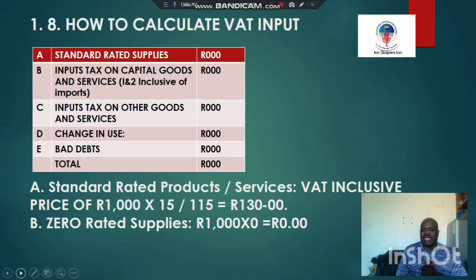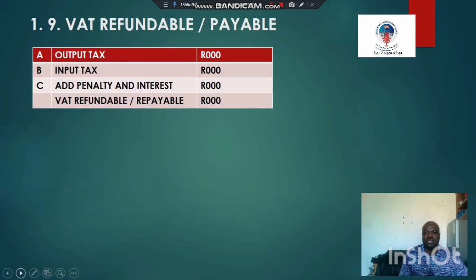You take your bad debts and add them there. That is part of your VAT input, the procedure. Here I was just showing you how to calculate VAT on a price of 1,000 using the standard rate methodology.